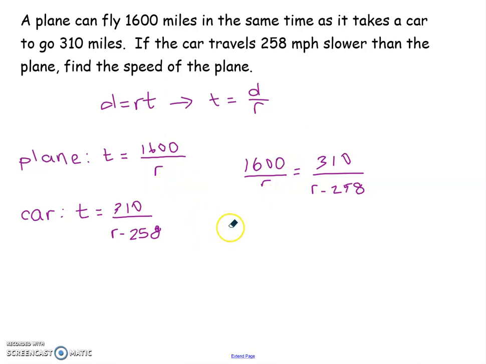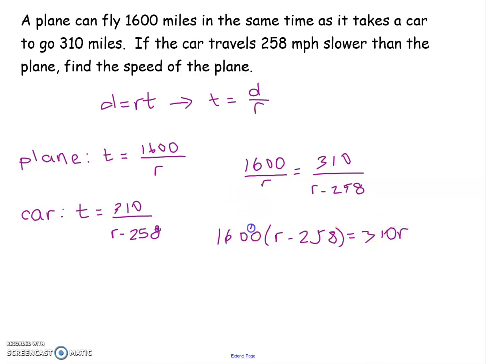So if I cross multiply this, I'm going to do 1,600 times r minus 258, and I'm going to set this equal to 310 times r. So 310r.